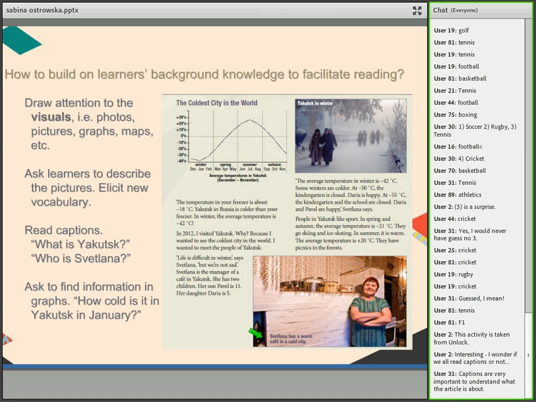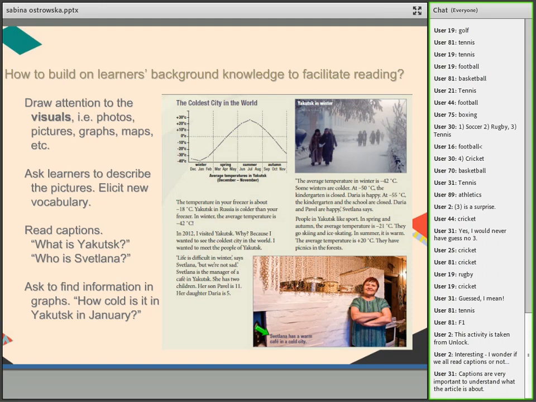And another thing is you might want to ask students to read the captions and ask what is Yakutsk, who is Svetlana. Now, I know that students whose mother tongue is not Indo-European, so for example, Arabic speakers who are learning English, often struggle with capital letters.